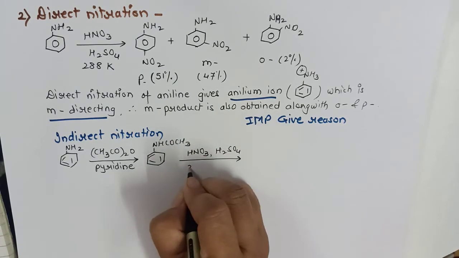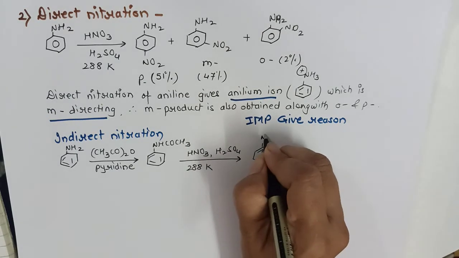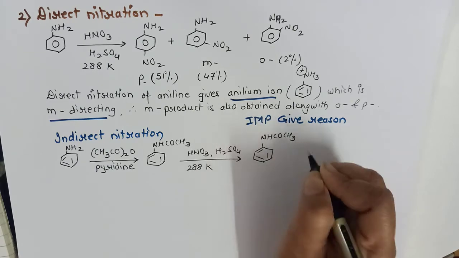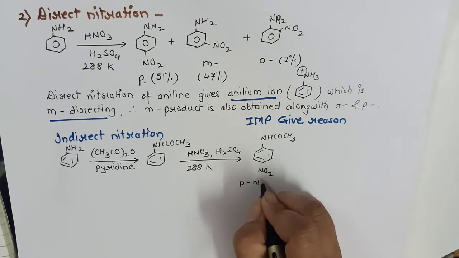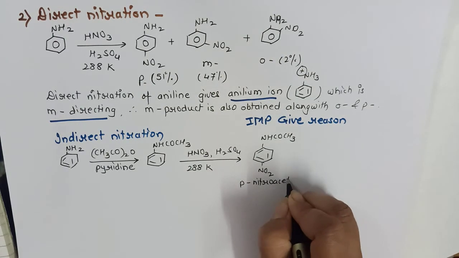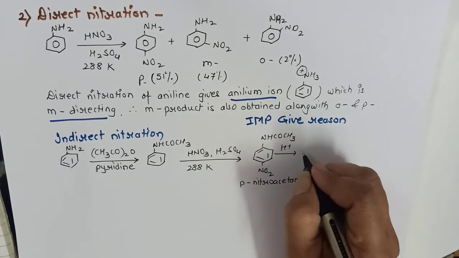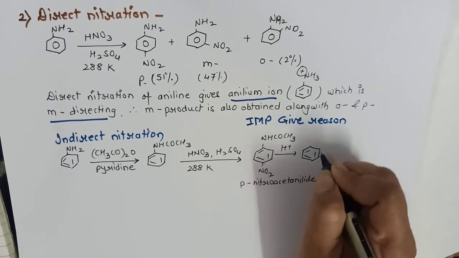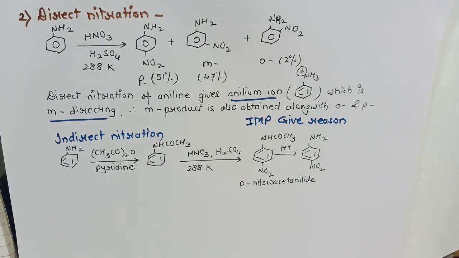We have to take care of the temperature condition, and we get nitro product, obviously mono-substituted product, and this will be para-nitroacetanilide, which on further hydrolysis gives this NH2 back, and we get para-nitroaniline. Bromination, direct or indirect, nitration, direct or indirect. These are very important questions and frequently repeated question during your board exams.